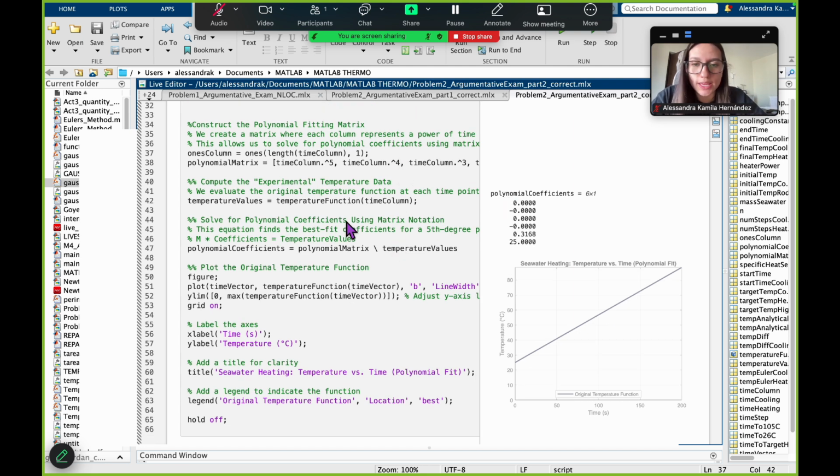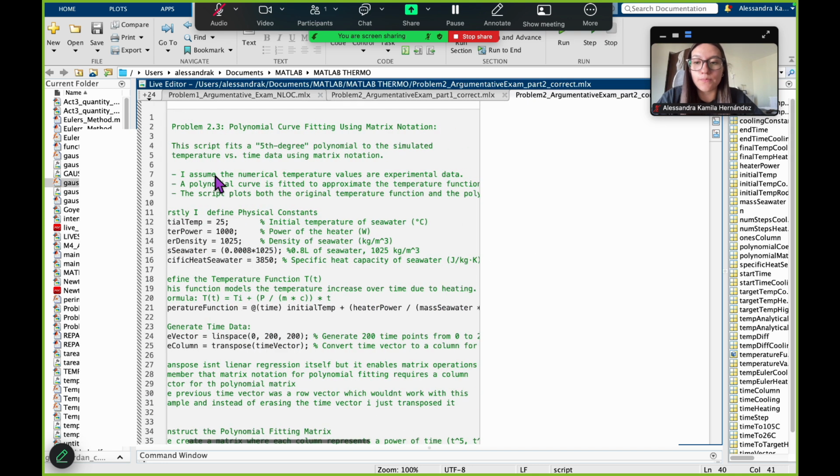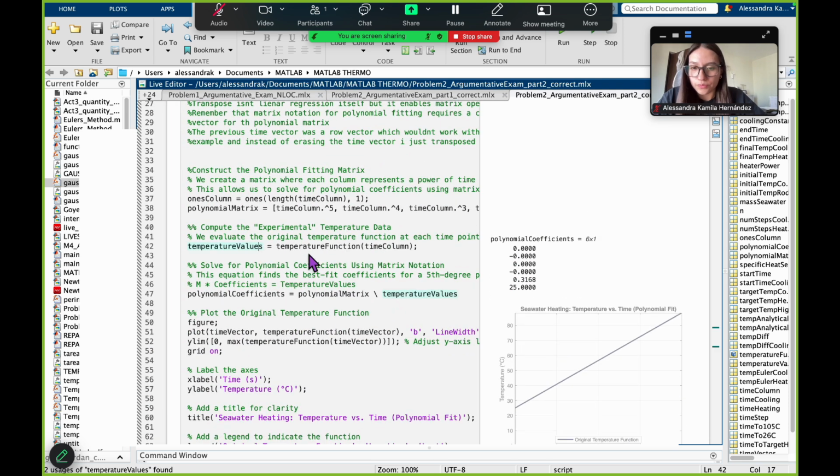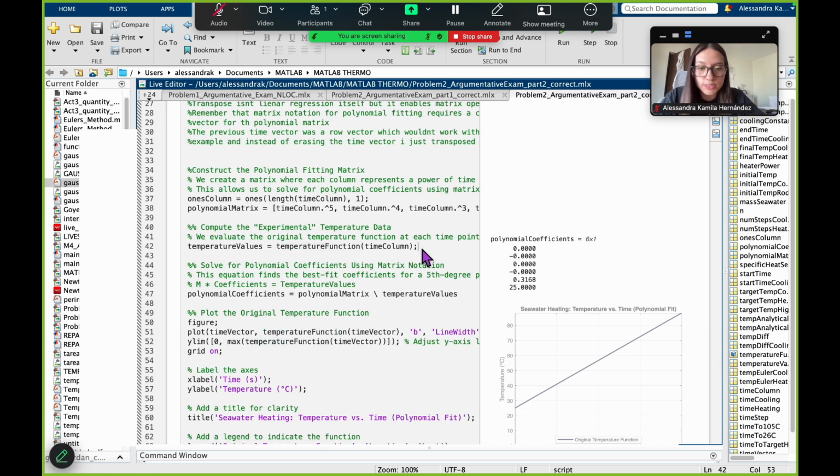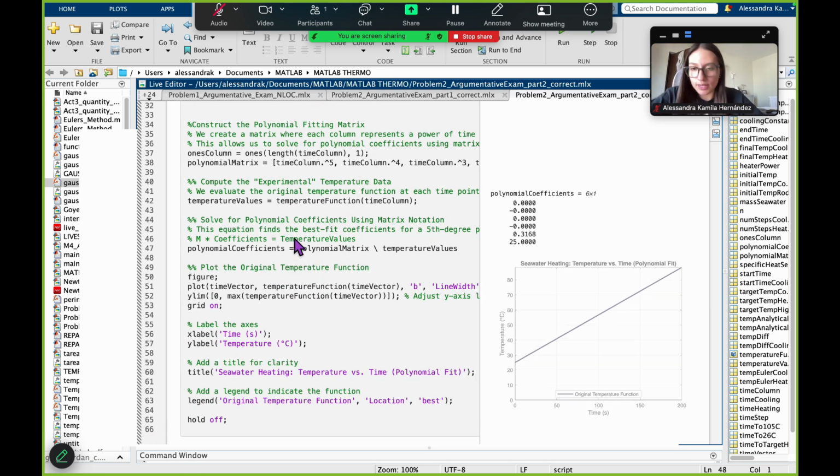And I created a column of ones in order to multiply each one by 1. At the end, we can compute the experimental temperature data, where I'm assuming that my numerical temperature values are the experimental data. So I'm evaluating the original temperature function at each time point, and then I solve for the polynomial coefficients using my matrix notation.